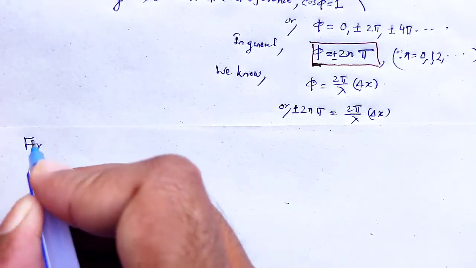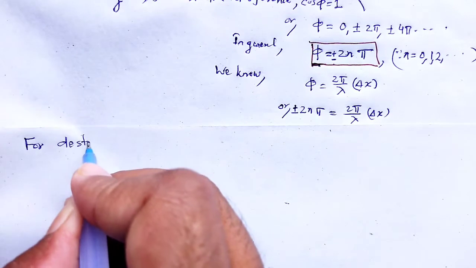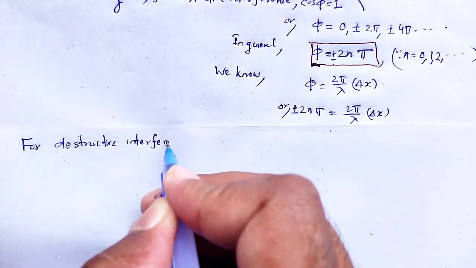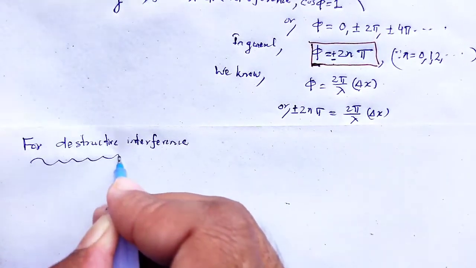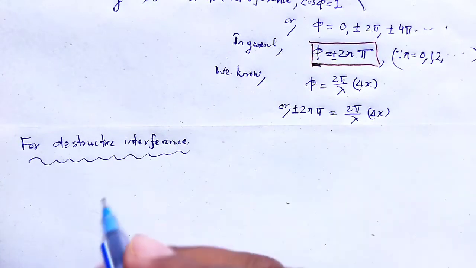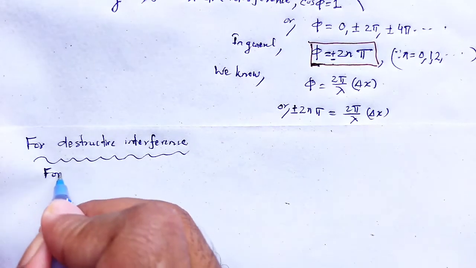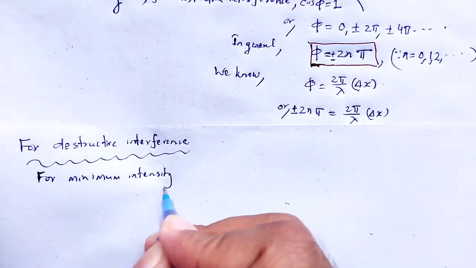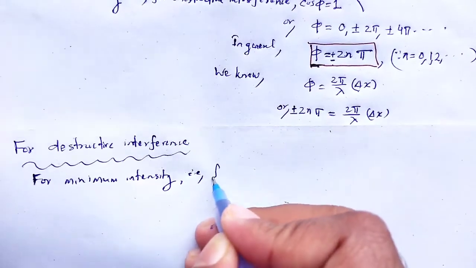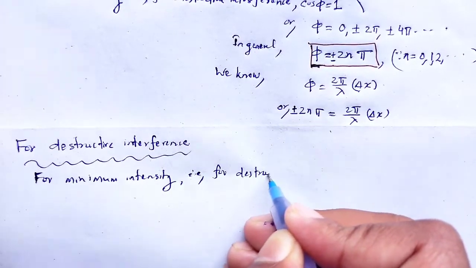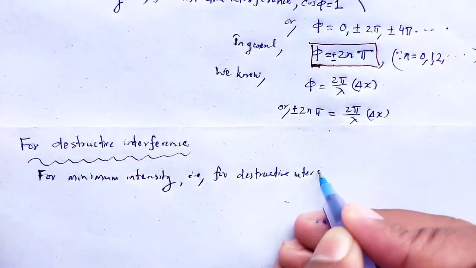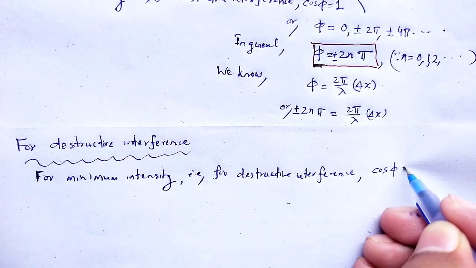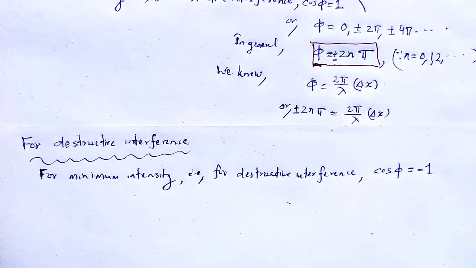For destructive interference, same thing, here cos φ is minimum. For minimum intensity, that is for destructive interference, cos φ will be -1.